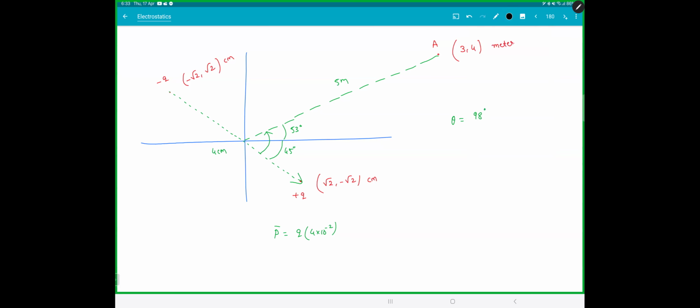So the field directions will be, this is the E radial. E tangential will be this way. You know the formulas. Clear with this? So the theta is the angle between this one and this one. So this angle we are talking about.